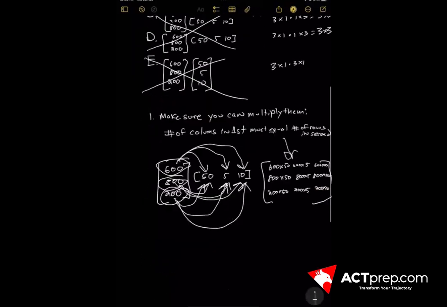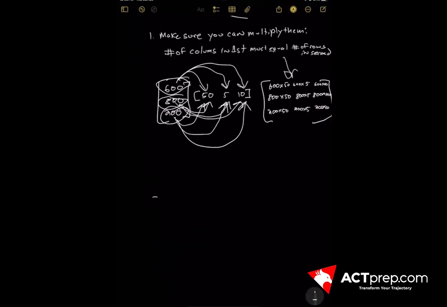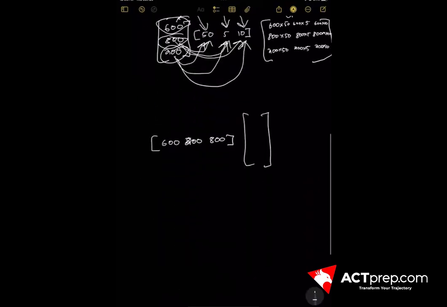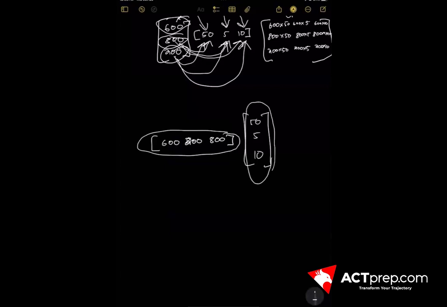So I'll go ahead and multiply ours so that you can see how that turns out. All right, so when you multiply matrices, you take the first row and multiply it by each of the columns, which there's only one column in this scenario.